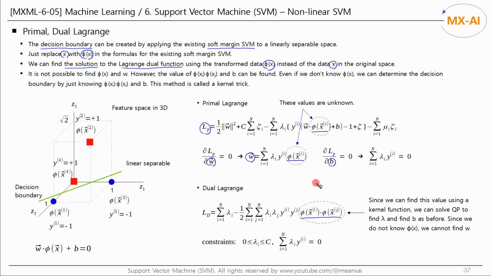If you know this value, you can solve this dual function to find the lambdas. And you can find b using the lambdas and support vectors. Then even if you do not know the phi x, you can create the decision function by only knowing the dot product of phi xi and phi xj and b. This method is called the kernel trick.